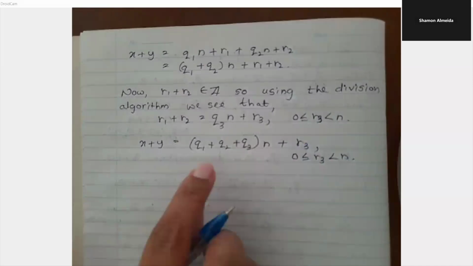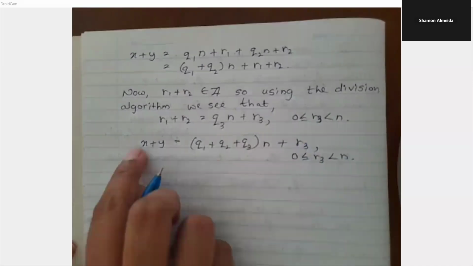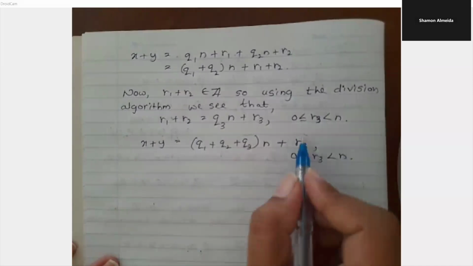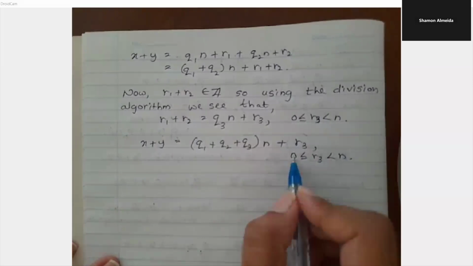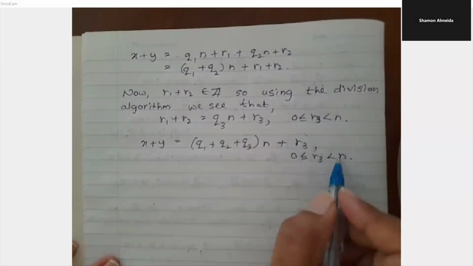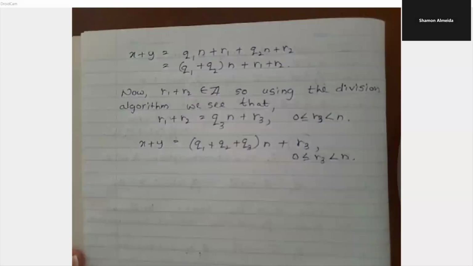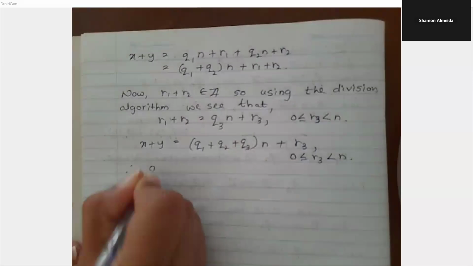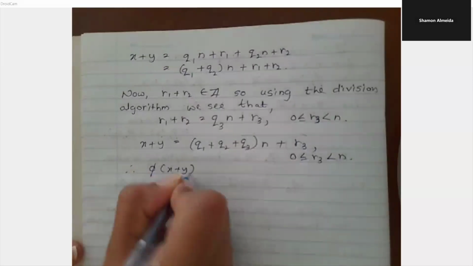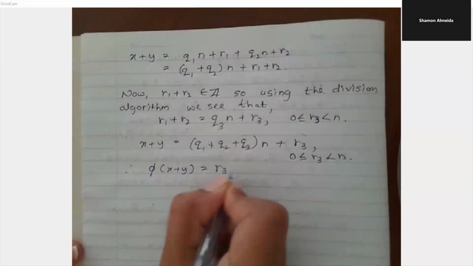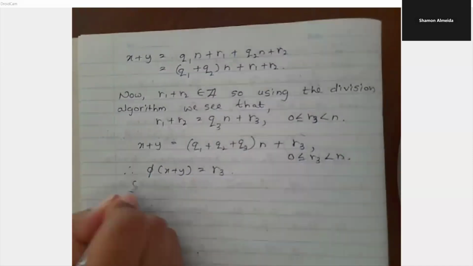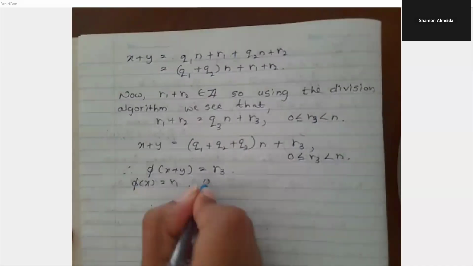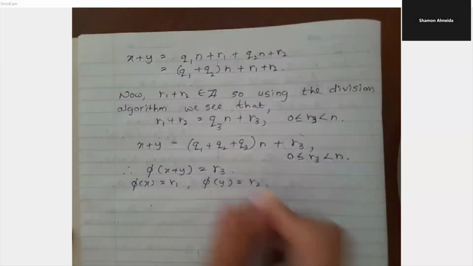So when you divide x plus y by n, the remainder must be R3, because it's a value that lies between 0 and n. Therefore, phi of x plus y must equal R3, and we know that phi of x is equal to R1, phi of y is equal to R2.